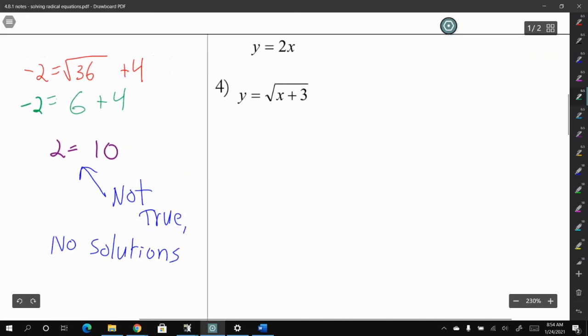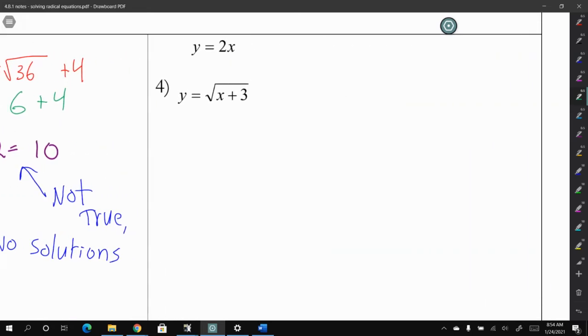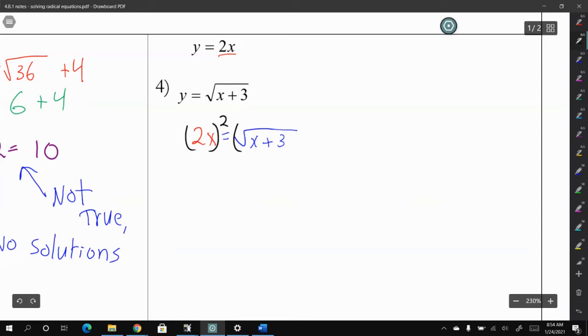All right, now with number 4, we'll set everything equal to each other. 2x is equal to the square root of x plus 3. Square both sides. And just like what we did in the problem right above this, when you square this left side, you got to square both things.